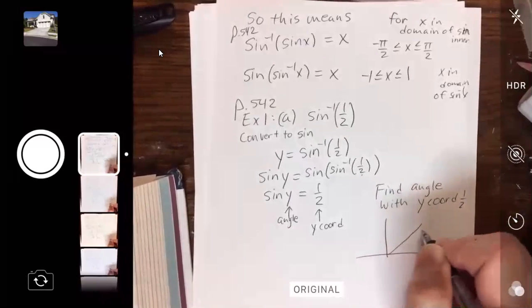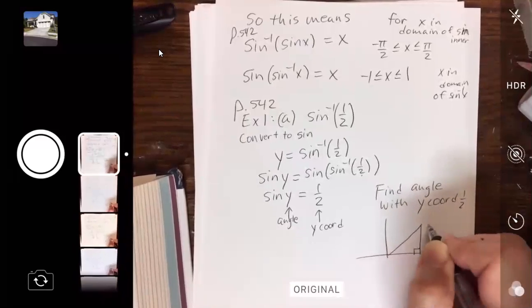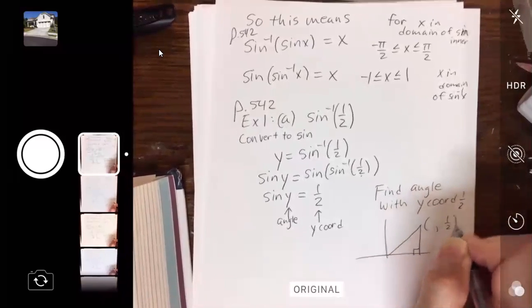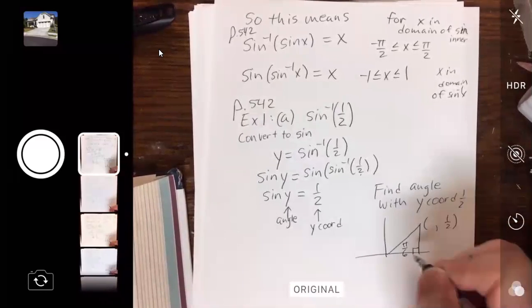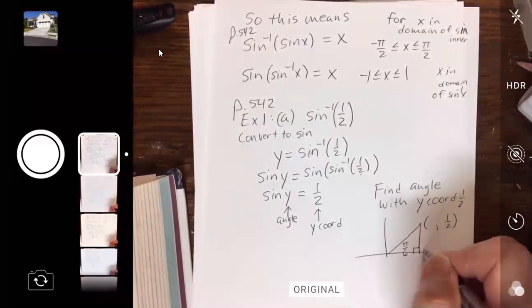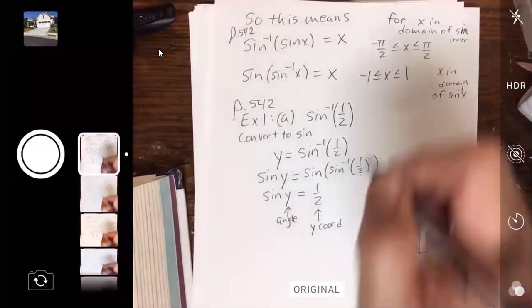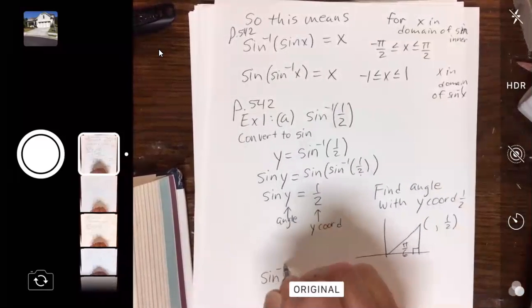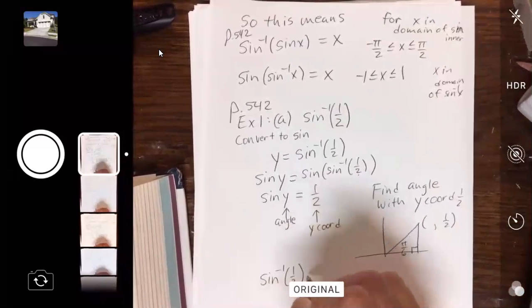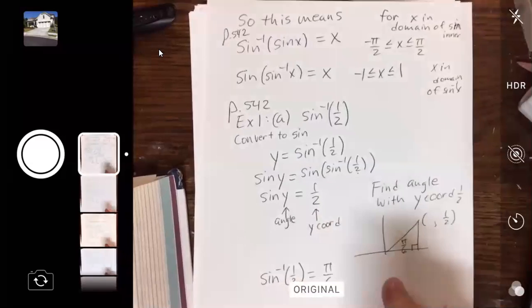If you remember around the circle, you get y coordinate a half at pi over 6. First kind of standard one up, pi over 6, your y coordinate comes up to a half. So arc sine of a half is pi over 6.